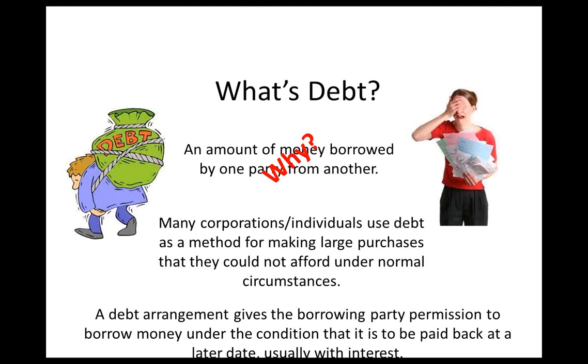When we are taking debt, why is this person troubled even though he is able to make large purchases? Why is this person annoyed or worried about the invoice? Because it's not like we can take money and keep it, we have to give it back. And when we give it back, it is with interest.